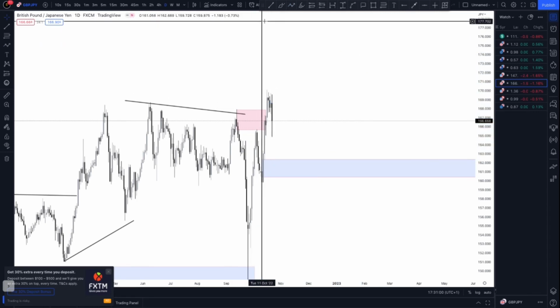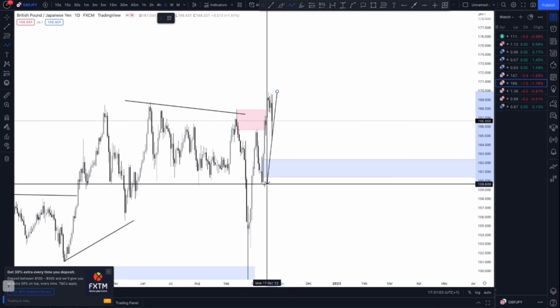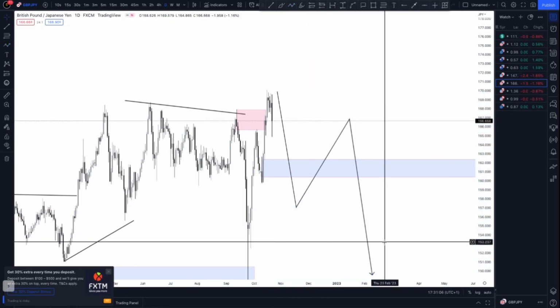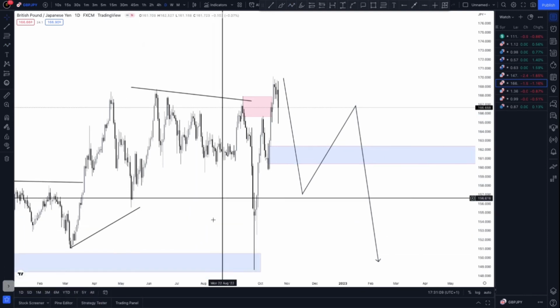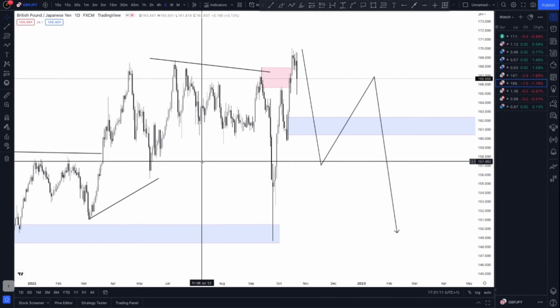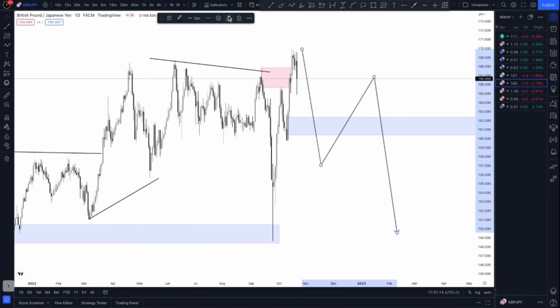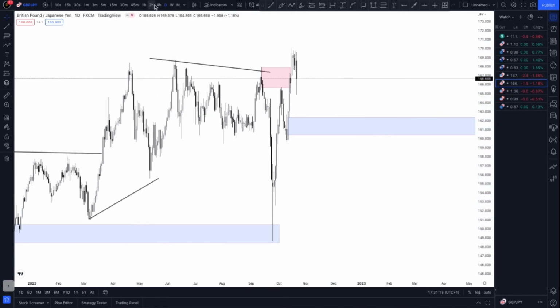For the sell side, you would want to see the market push to the downside and take out the low created at that point. But the higher probability on the GBP JPY for the daily time frame is buy opportunities.